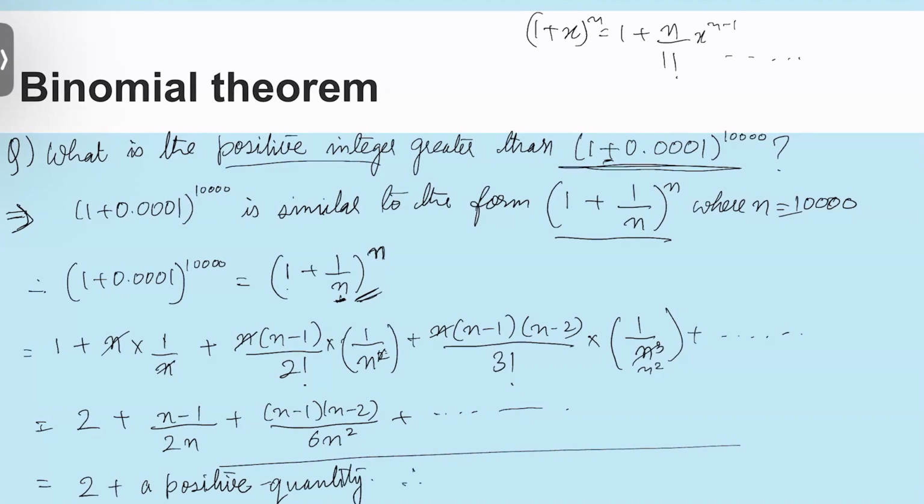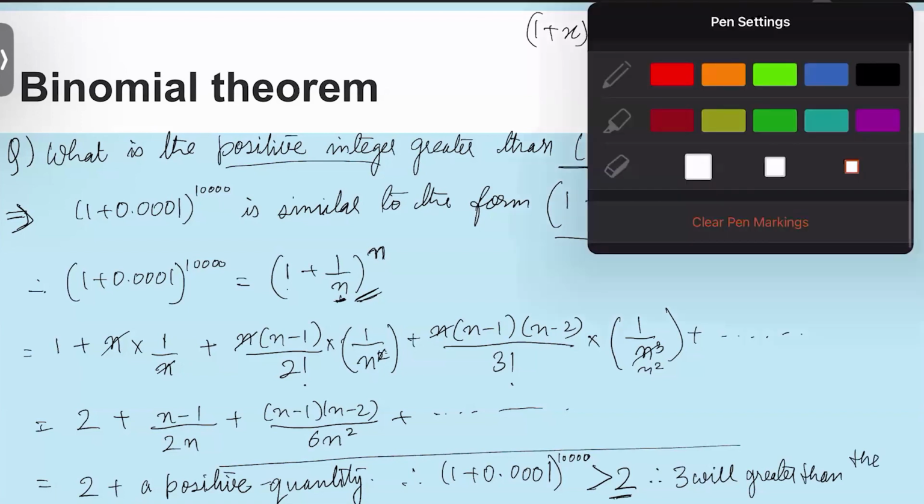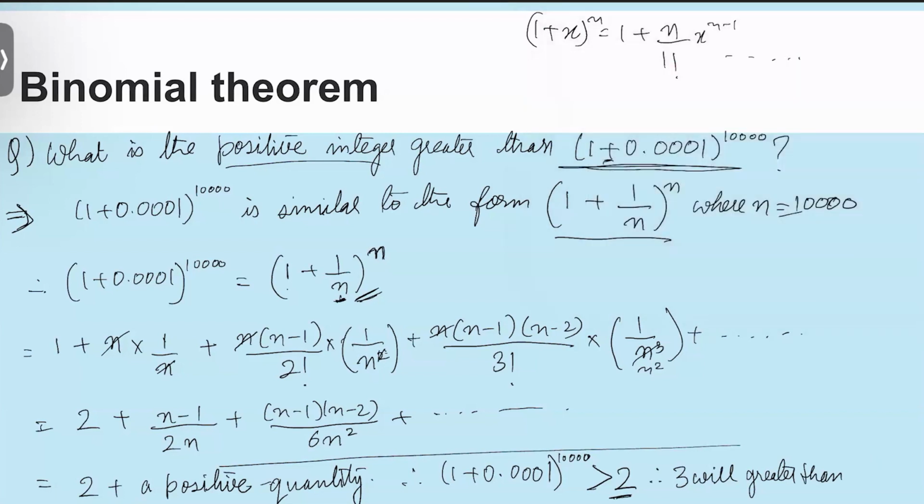Therefore, we can say that 1 plus 0.0001, the whole thing raised to 10,000, is actually greater than 2, and therefore 3 will be greater than it. Since we are being asked which positive integer, the next positive integer would be 3. 3 will be greater than the expression that we are being asked, that is 1 plus 0.0001 raised to 10,000.